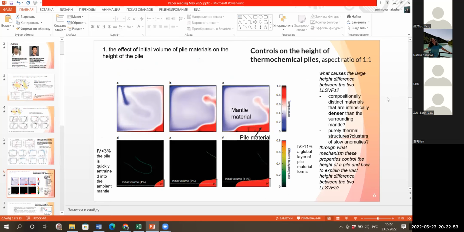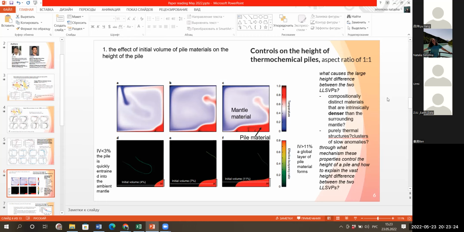The question that remains is what causes the large height difference between those two large low shear velocity provinces? It has been hypothesized to be caused by compositionally distinct materials that are intrinsically denser than the surrounding mantle. There can also be other explanations such as purely thermal structures and clusters of slow anomalies, but it's still unknown.